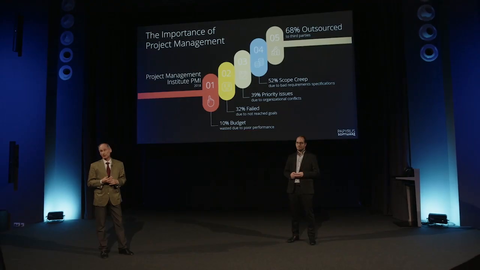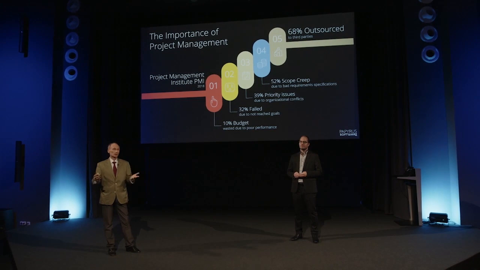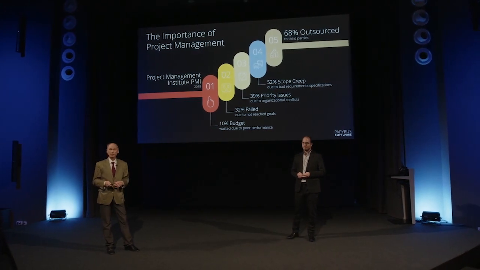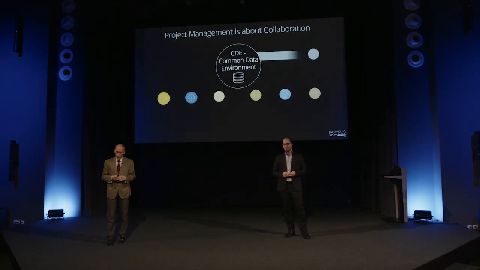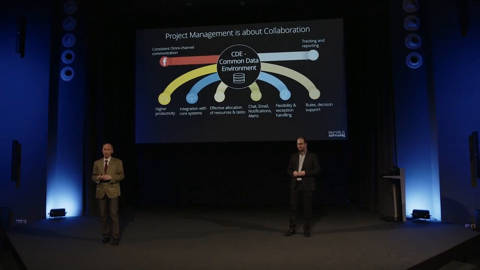You see here up to 52% are simply overrunning the project because requirements constantly change. And that is the reason for the last point. Most of the companies, up to 70%, are outsourcing their project management work because they don't want to take that responsibility. So I think these are very good examples for a much more consolidated project management approach.